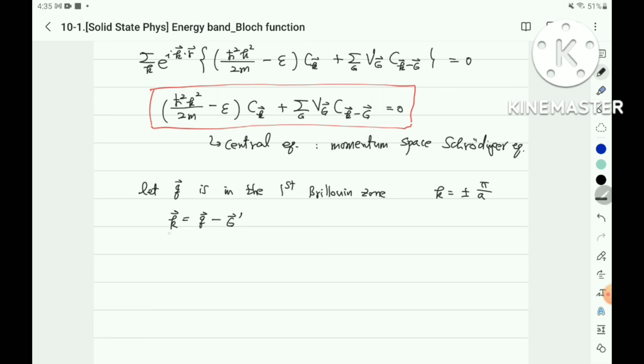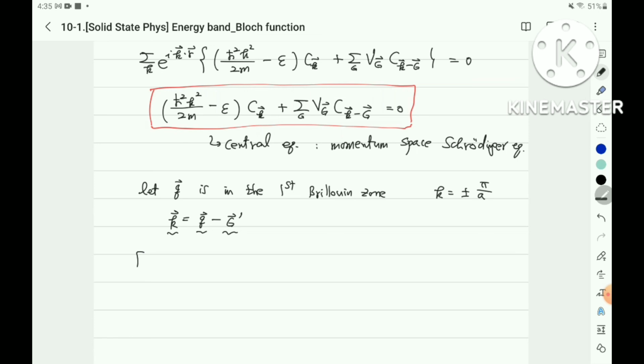Therefore, the k vector and the q vector are the same electronic wave vector, but q differs from k by a reciprocal lattice vector, plus or minus, which is also possible. Anyway, it means that the translation by the reciprocal lattice vector is identical. Therefore, let's denote k as q minus G prime.